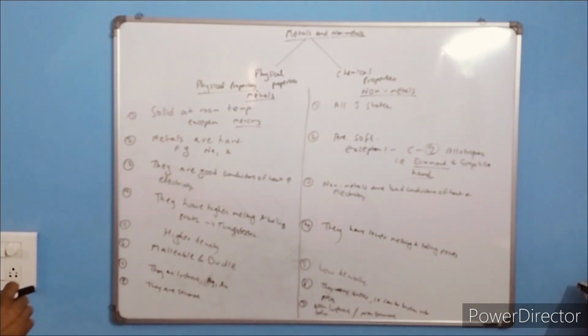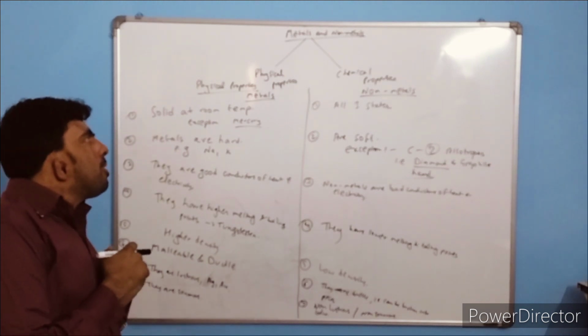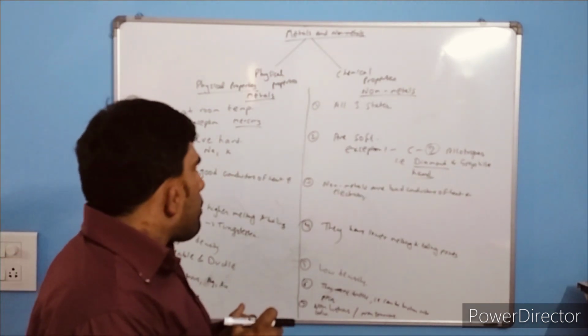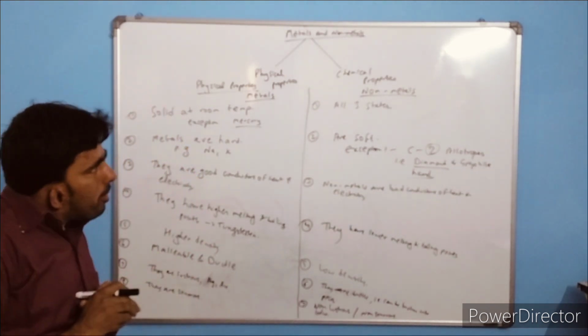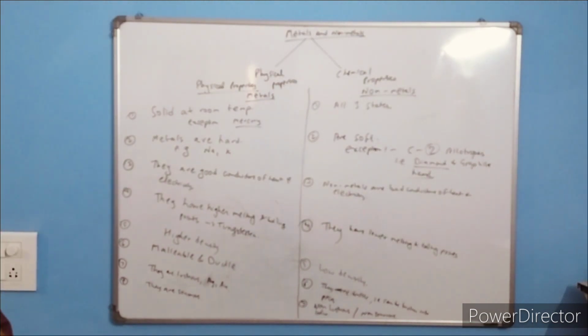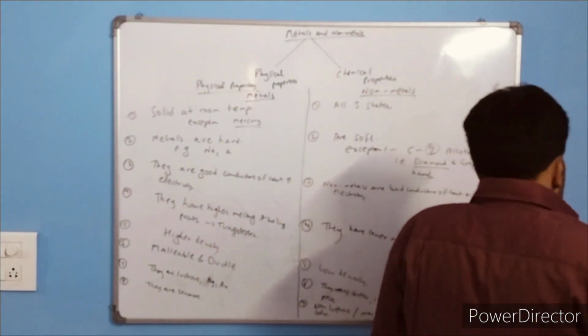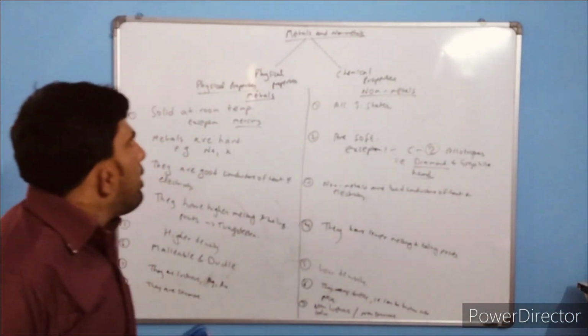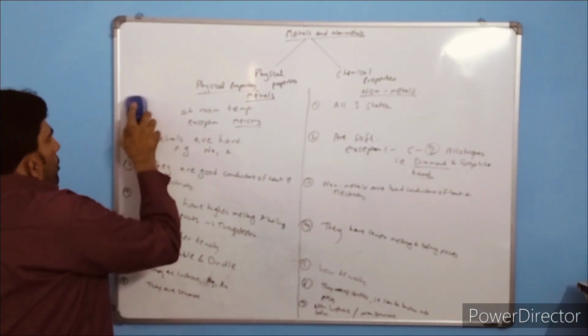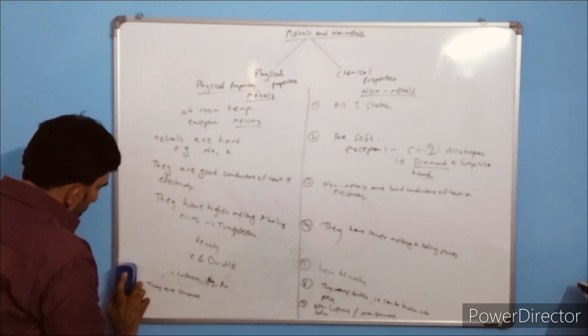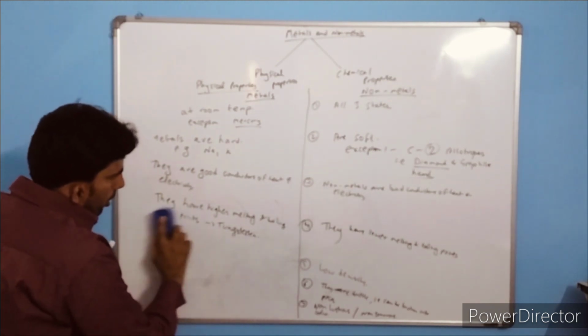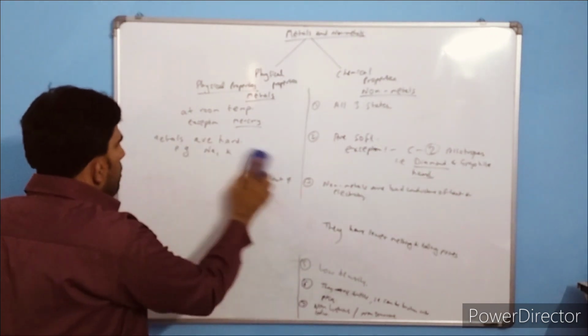Now, the first parameter which we have defined is physical properties. The second parameter is chemical properties. Next we'll discuss chemical properties.